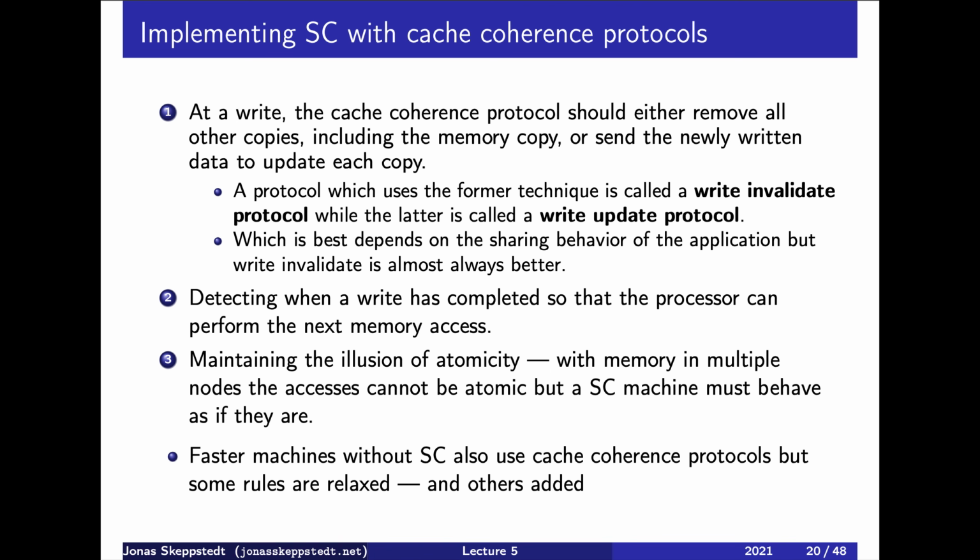By completed is meant that no other CPU can read the old value. If no one has any risk of reading the old value, then we can agree that that write has completed. And we will see soon how that is done.